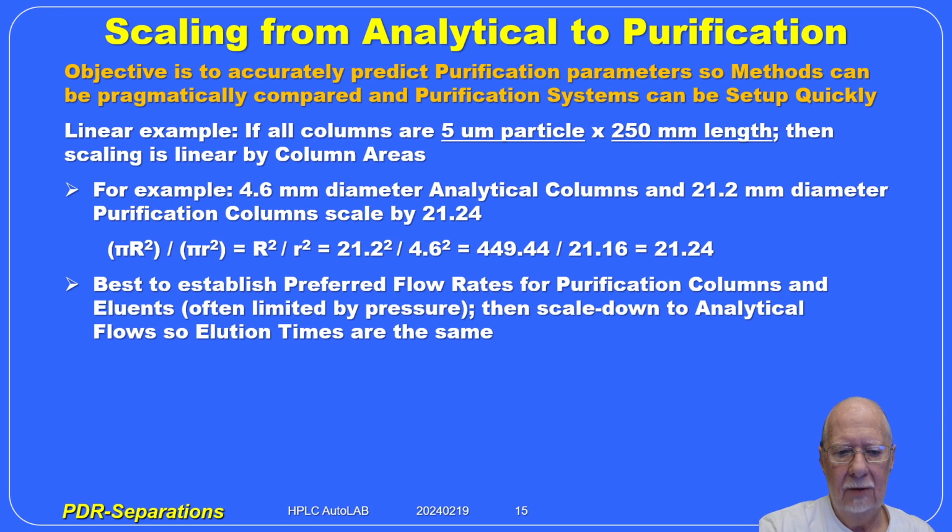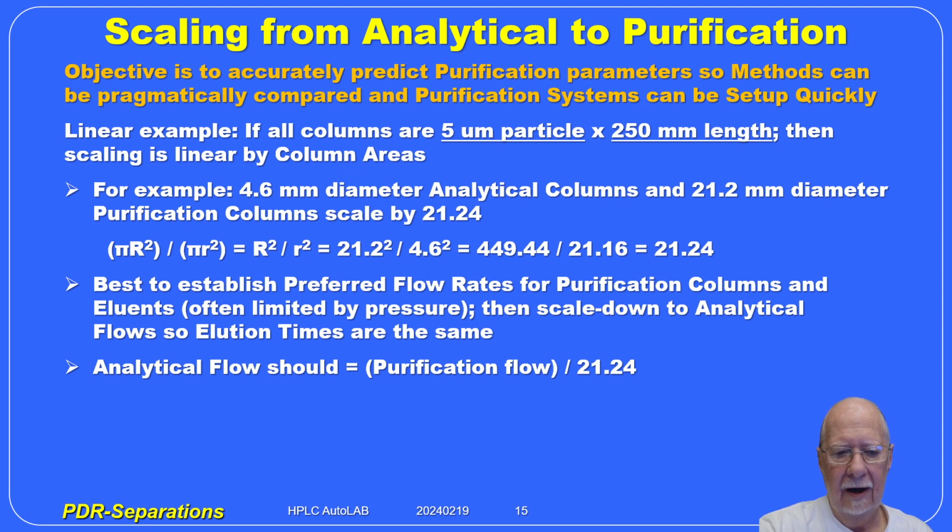Best to estimate preferred flow rates for purification columns and eluents, often limited by pressure, then scale down to analytical flows so elution times are the same for method development and prep.